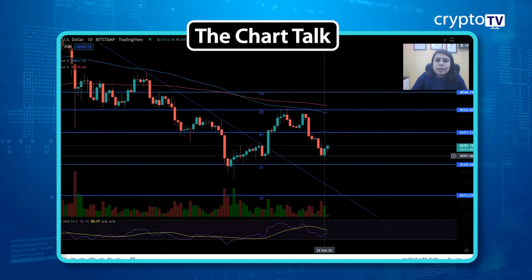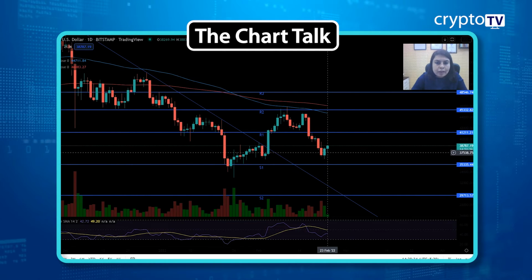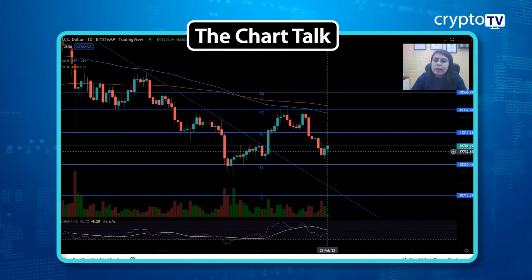That's the reason yesterday we got more than 3% up, and even today it's more than 1% up, and we need to wait for the closing to see how much the price can go up for a little period of time.